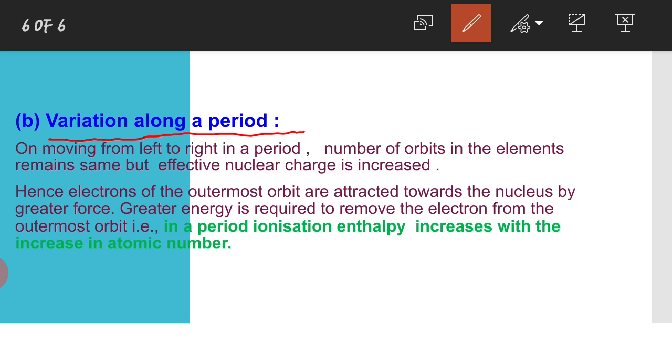Greater energy is required to remove the electron from the outermost orbit, that is, in a period, ionization enthalpy increases with the increase in atomic number.